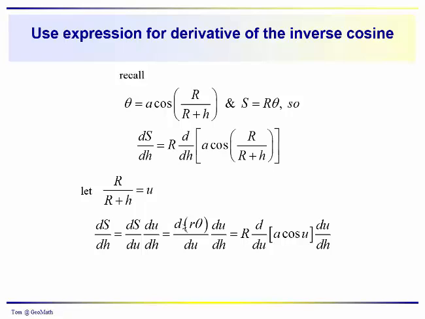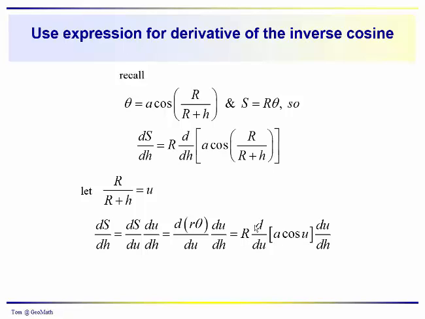So this is equal to d(Rθ)/du, du/dh. Sorry, this should have been a capital R. Something going on outside there. And so we get an R, and then this is the inverse. Remember, theta is the inverse cosine of u.